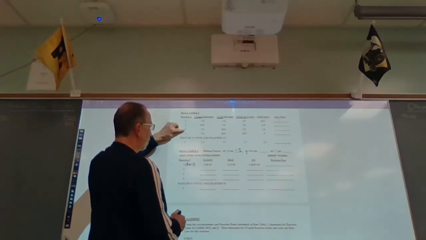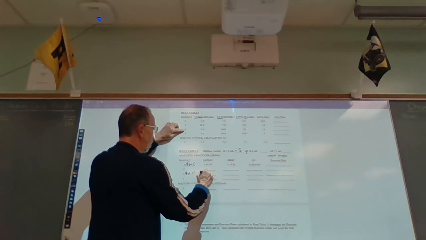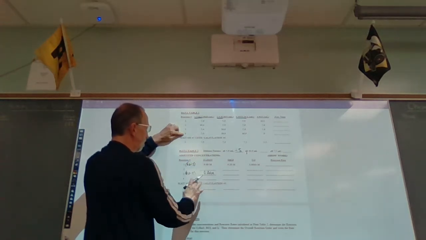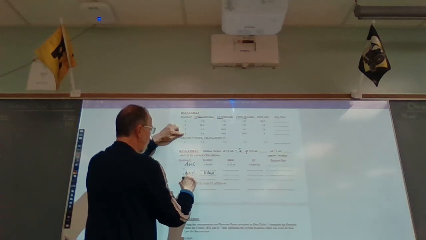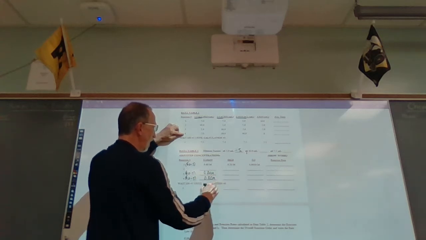Same here with number 3. This was 5 mLs. That would be divided by 5 as well. So this one would also be 0.80 molar. And 5 mLs here, same thing. The 4 molar original divided by 5, 0.80 molar.